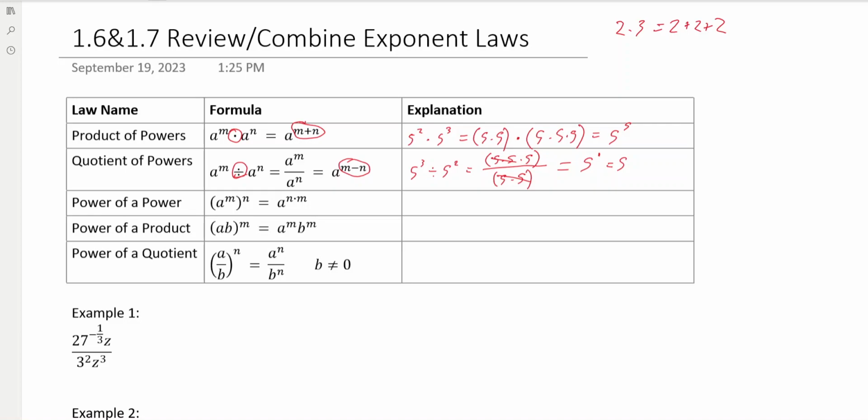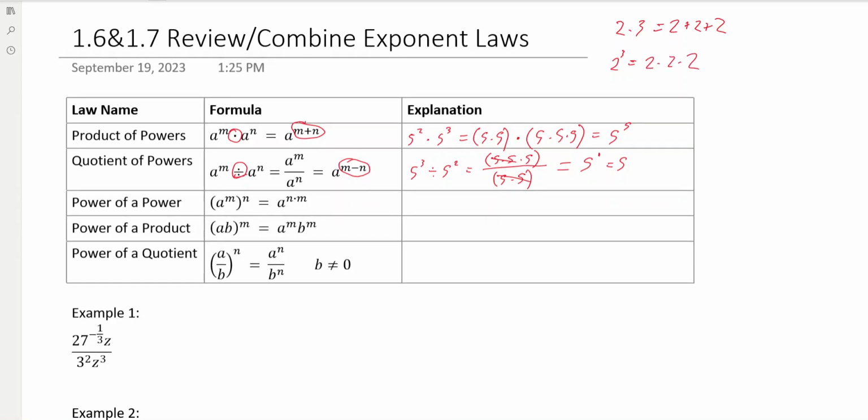That's how I remember these rules. The simpler version of multiplication is addition. The simpler version of division is subtraction, just kind of the opposite. And the simpler version of an exponent is a multiplication statement, right? So if we go like this, now it is 2 times 2 times 2.